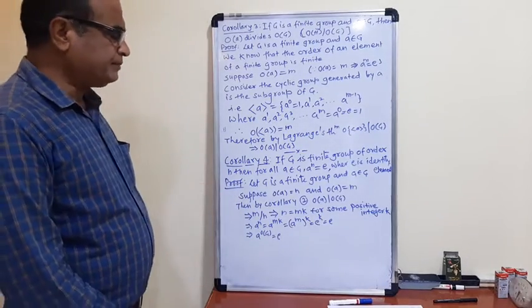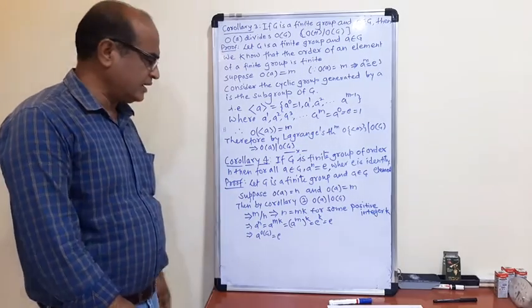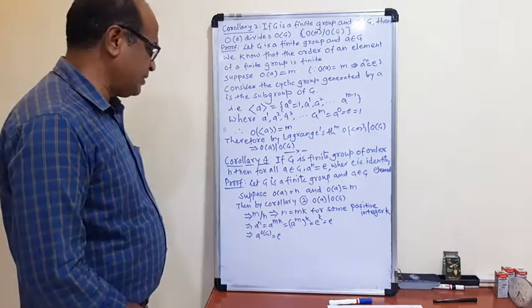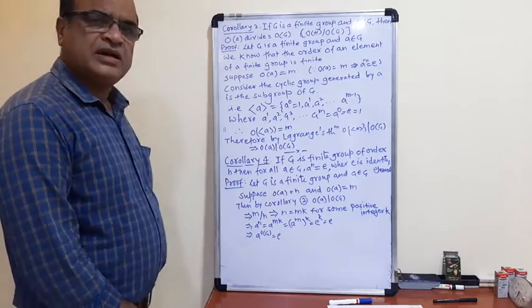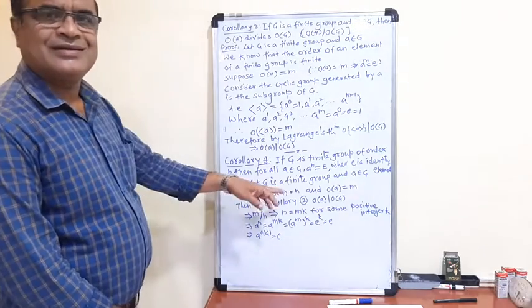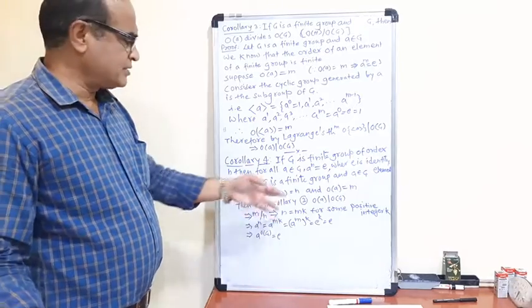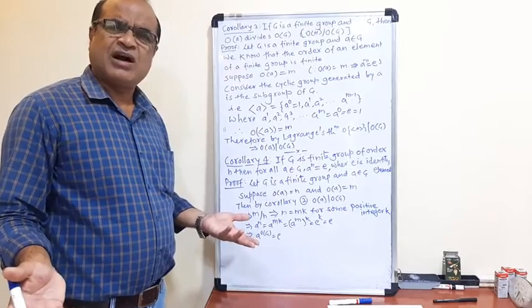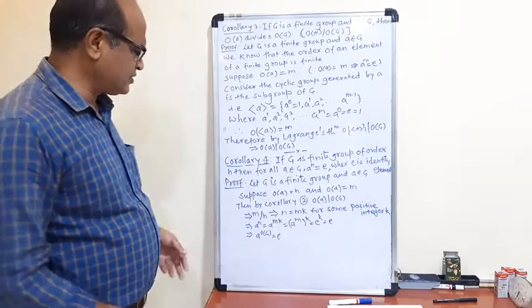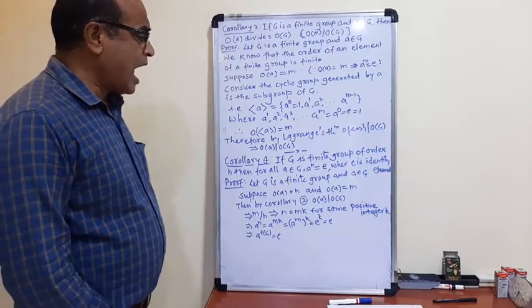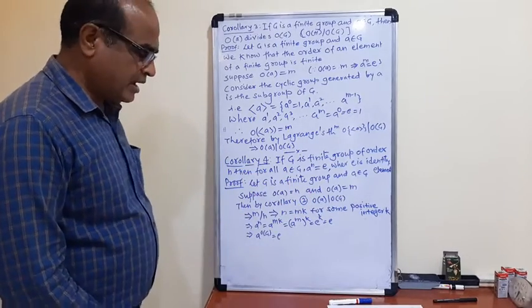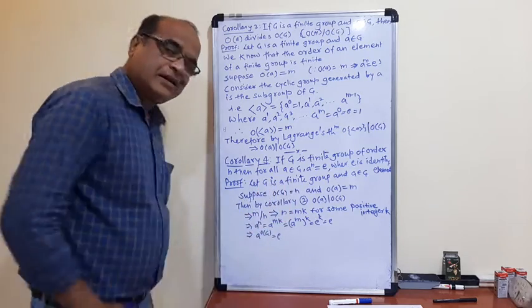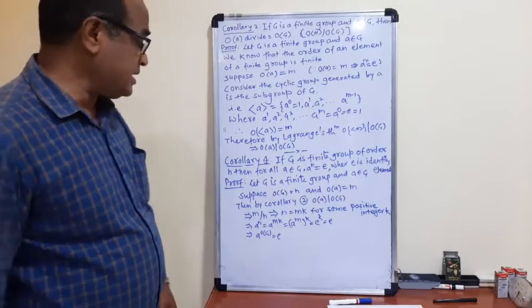So let G be a finite group and a an element of G. Suppose the order of G is n and the order of the element a is m.